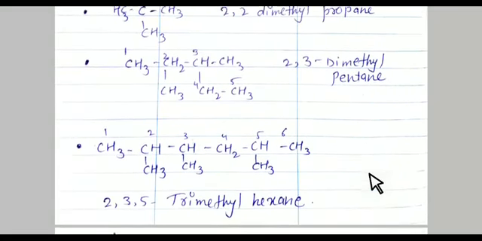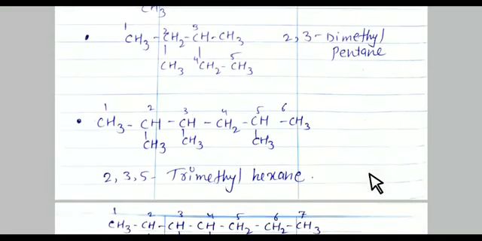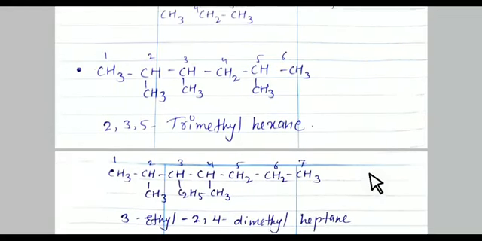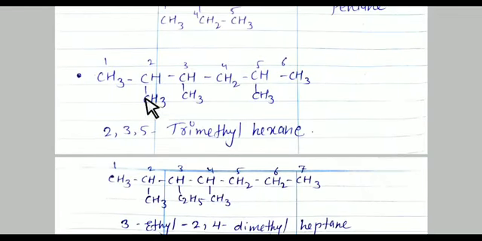Now next. See the next: CH3, CH, CH3, CH, CH3, CH2, CH, CH3, CH3. From where is the branch near? Here the 2nd and 3rd carbons. If I number it from the other side, the 2nd carbon contains a branch, but from here the 2nd carbon and the 3rd carbon also contain branches.